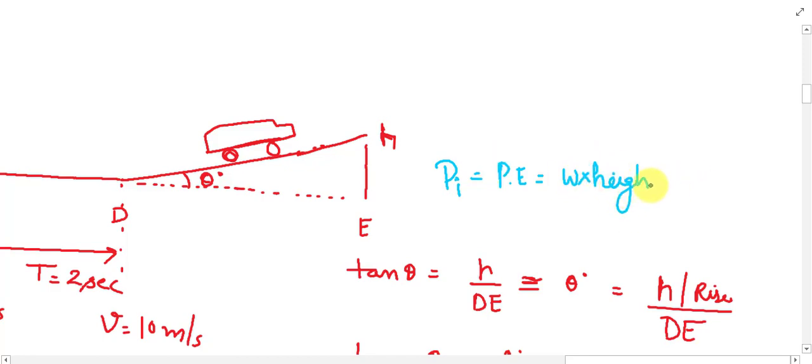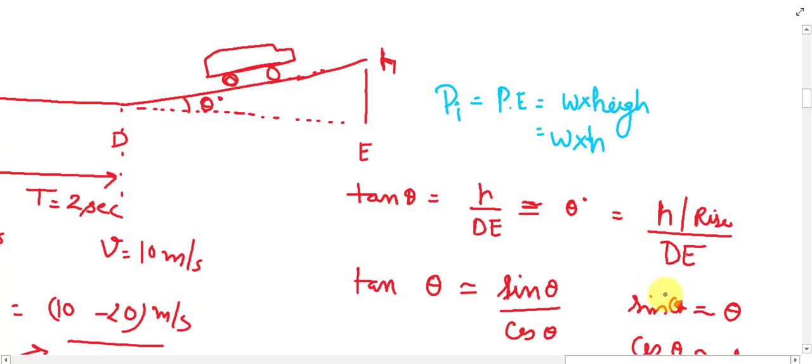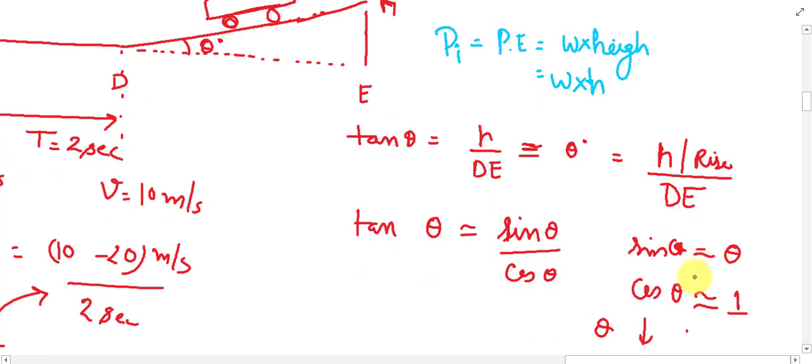According to this figure, the height will be h, hence Pi is equal to W into h. Since the height is equal to sine theta, and because theta is very small, we conclude that it is equal to theta.